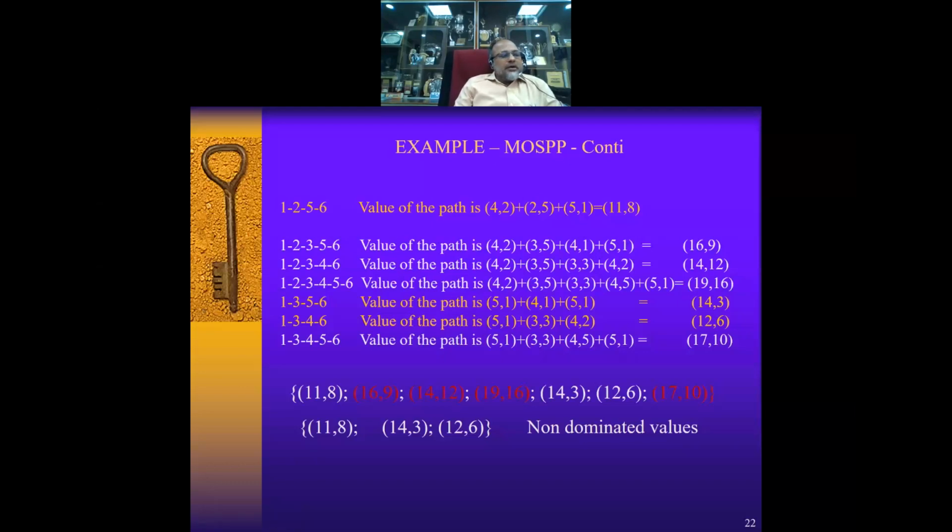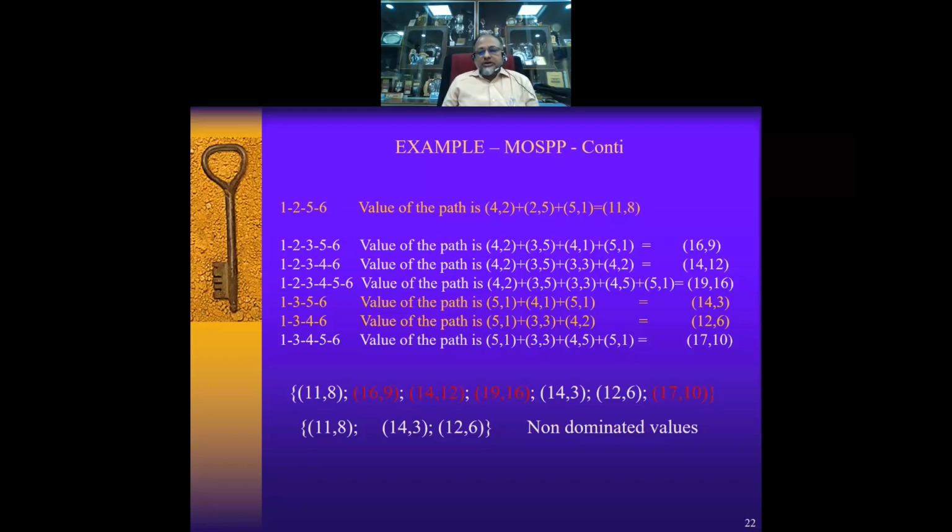Now, my aim is to find the Pareto minimum path, or the set of Pareto minimum paths, because in a realistic situation you can always find a single optimum solution. It is very important while studying multiple objective optimization problems that you can always find a single optimum solution in a single objective network optimization problem, but it is not the case in the multiple objective case.